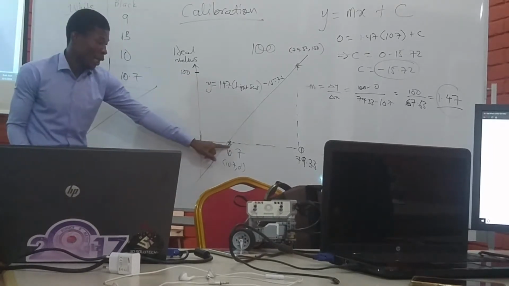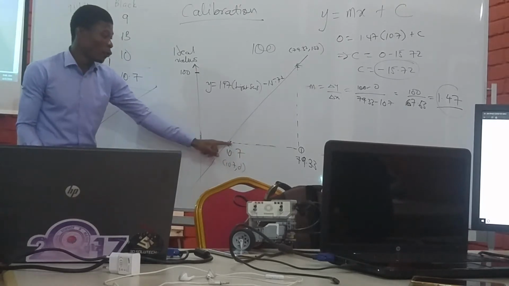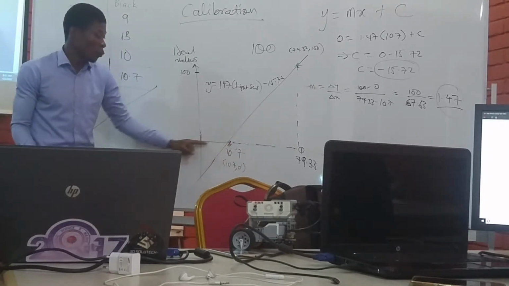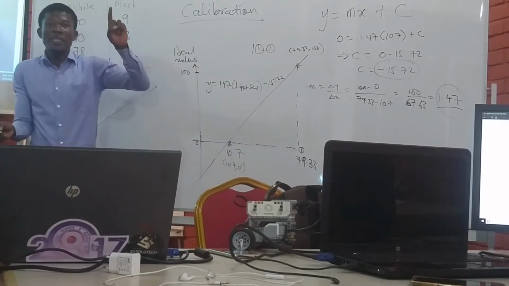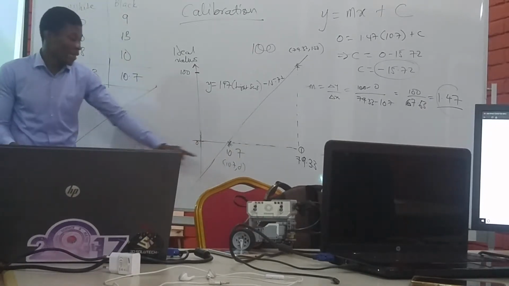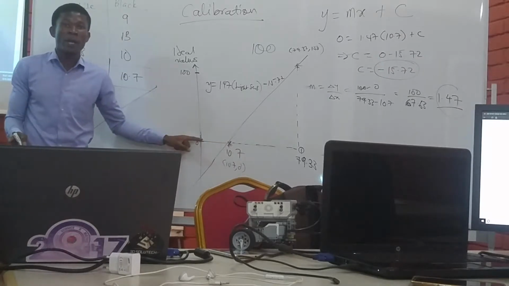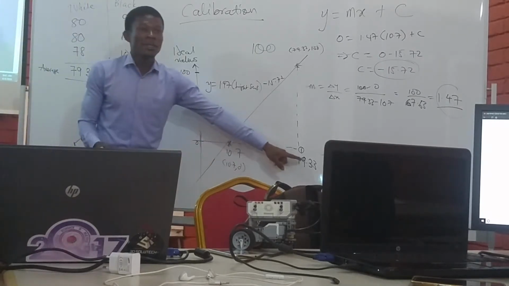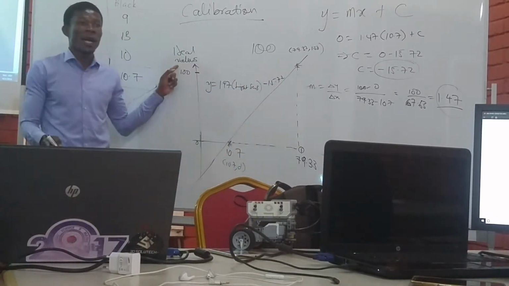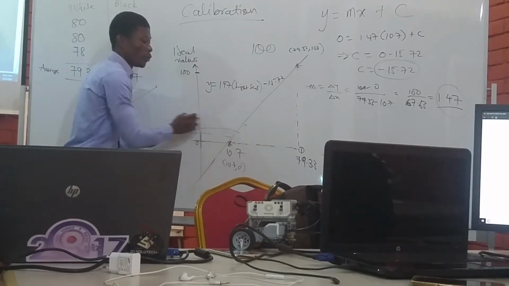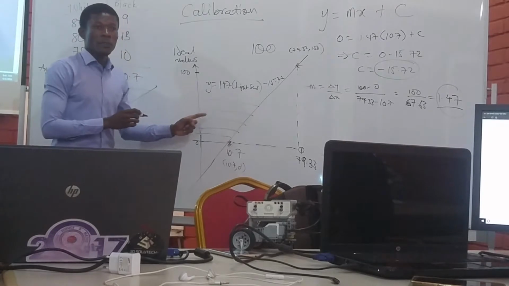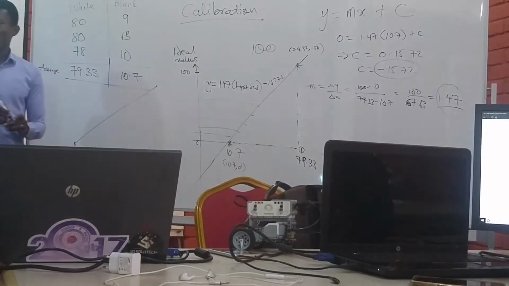And when I record 10.7 and it goes through that equation, it will translate the value to 0. So I have calibrated the behavior of the light sensor such that 10.7 has become 0 and 79.33 has become 100. And any value within will have a corresponding value. I follow it. So this is how we calibrate our light sensor.